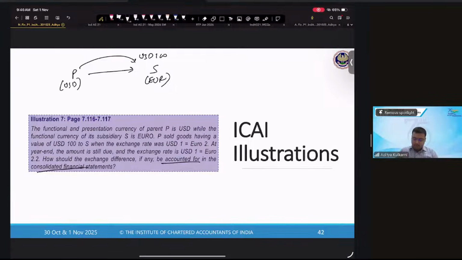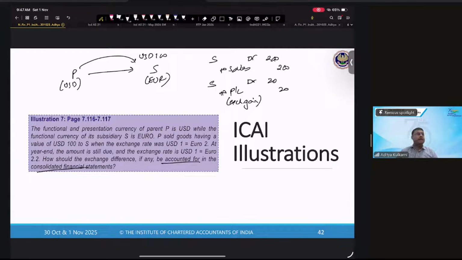First of all, when I sell the goods, the entry in S's books will be debit to purchases euro 200. When I do a restatement at 2.2, it will be 220. The gain will be 20. Where will I take this? P&L. This is my exchange gain.